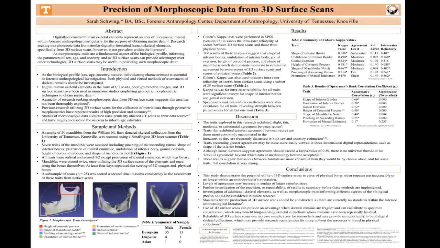So a lot of the virtual investigations that exist have looked at CT scans. So more research on these methods, on virtual methods using surface scans, will definitely help us to learn more about the utility of surface scans in constructing the biological profile.